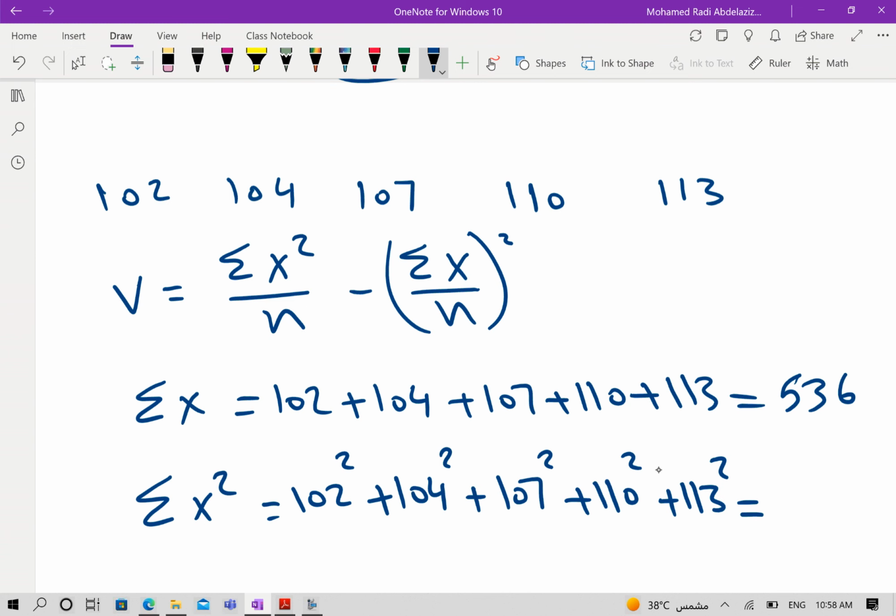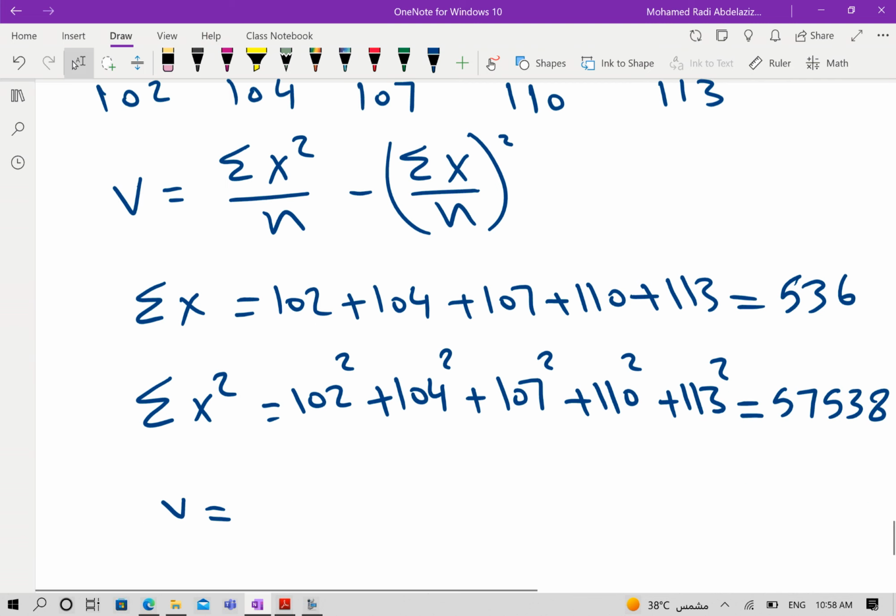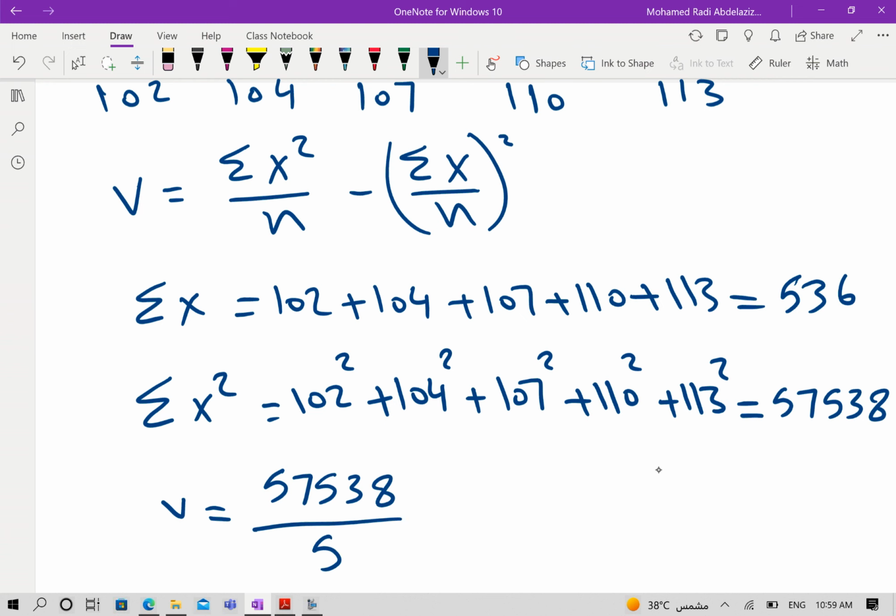The sum is 5, 7, 5, 3, 8. Now, the variance is summation of x squared over n, 5,7,5,3,8 divided by 5, minus 536 divided by 5, the whole squared.